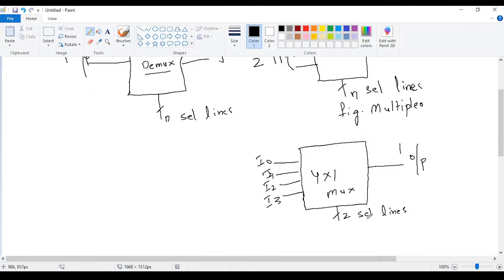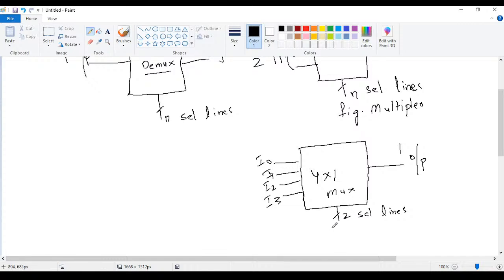Here I am writing a line with one small cross, which shows the number of lines, 2 lines, instead of showing individual lines. A single line with a small cross indicates the number of lines.